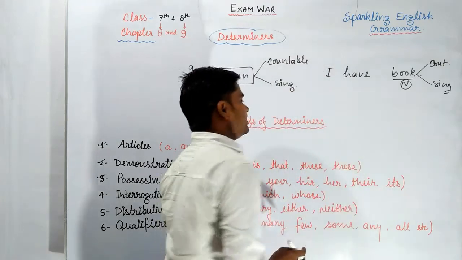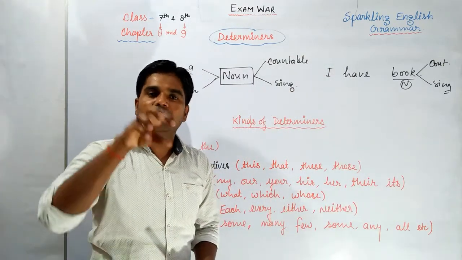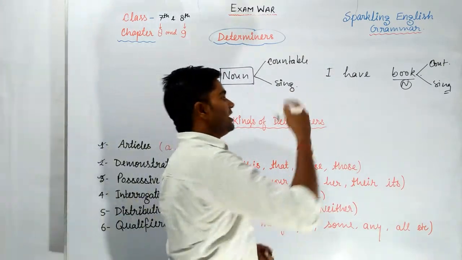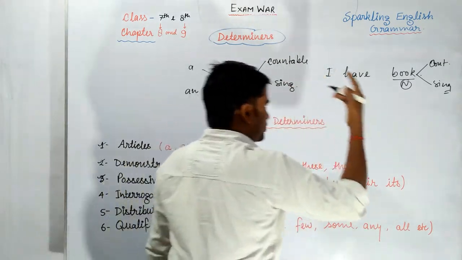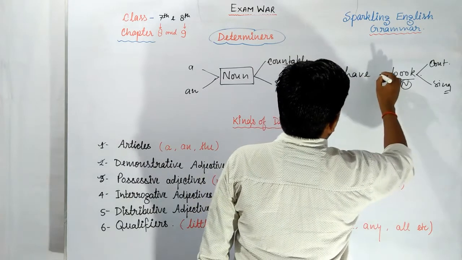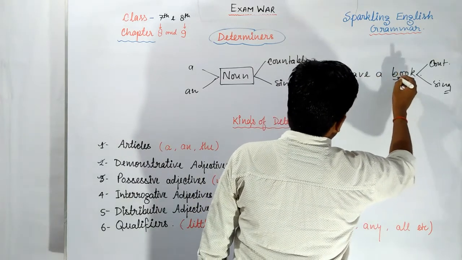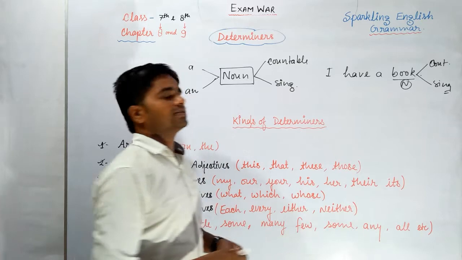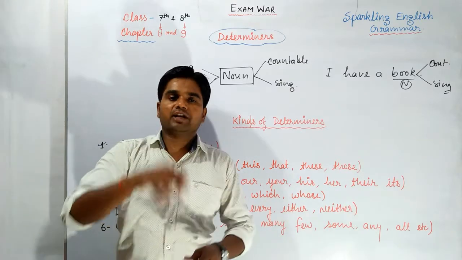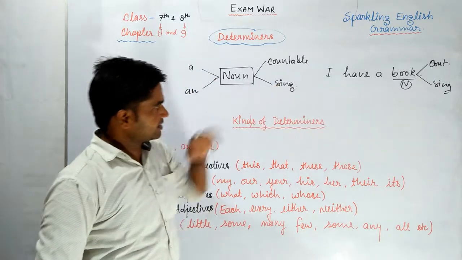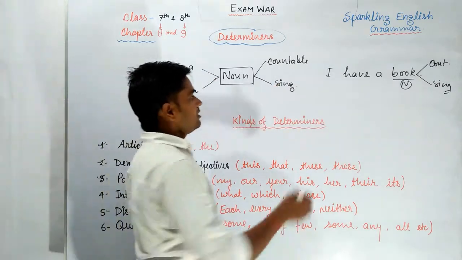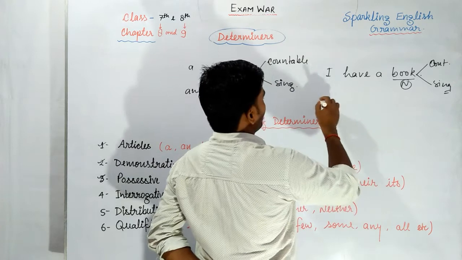If any noun is countable as well as singular, then we use either a or an for that particular noun. So we must add here: I have a book. The pronunciation of book starts with a consonant sound. That's why we are using a here. Let's take one more example.